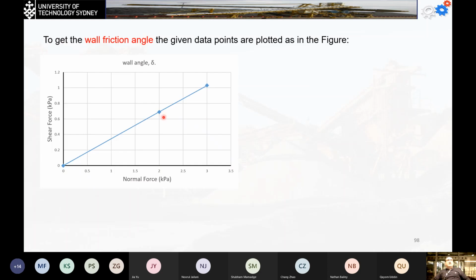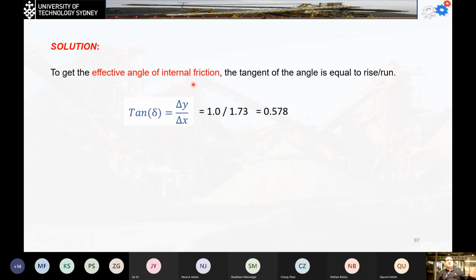For the wall friction measurements, we have 2 parameters, 1 and 2. If I extend this line, it's going to take me to the 0 or the origin. Now I have this line. I got this line once again from the parameters we had in the table here.